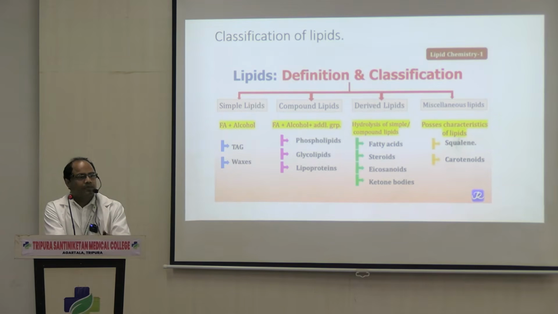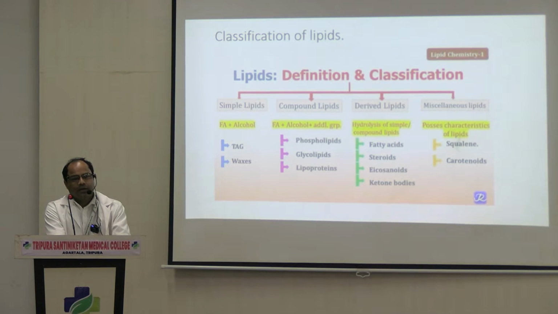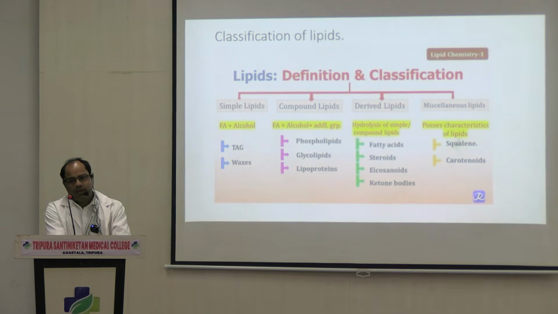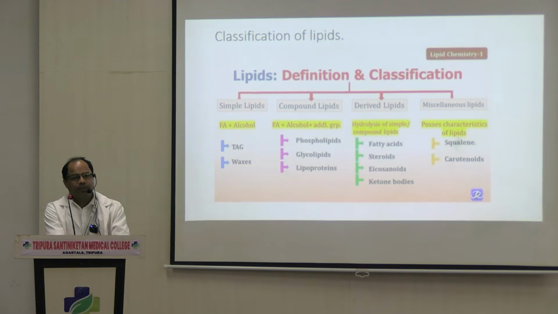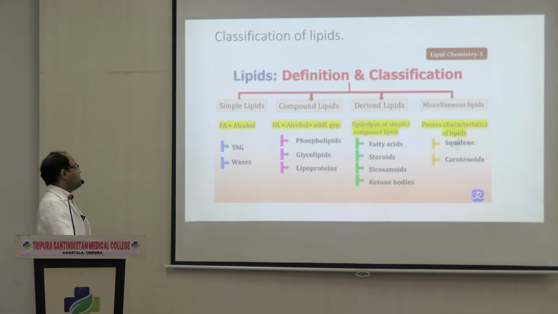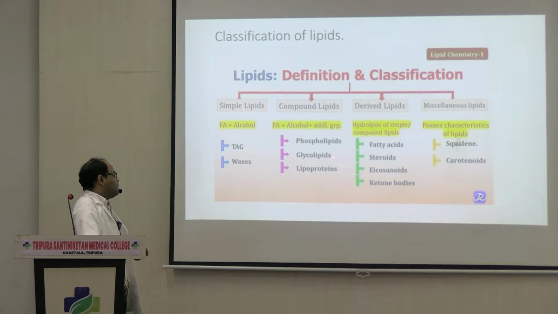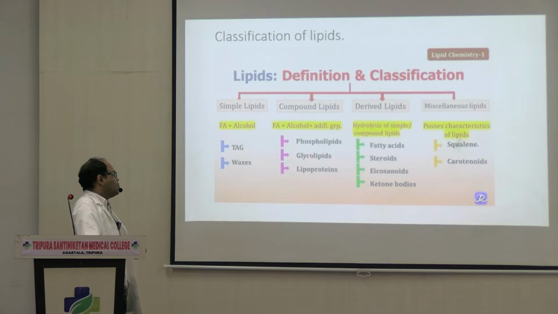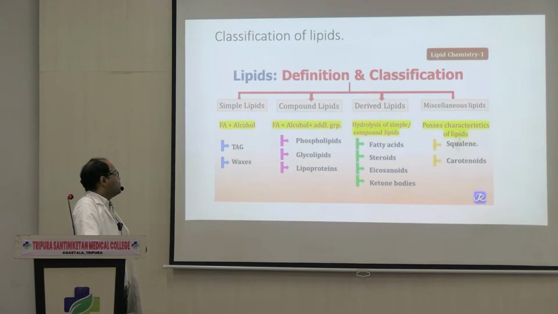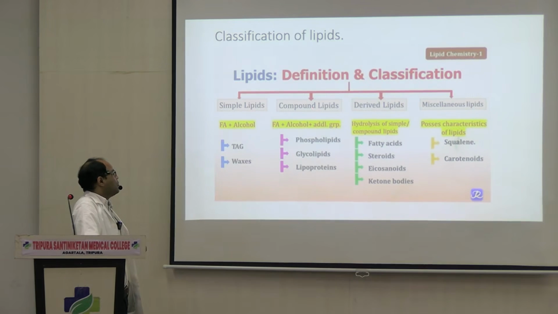Next, complex lipids or compound lipids. In addition to fatty acid and alcohol, there is one functional group, like phospholipids, glycolipids, lipoprotein. A protein or glucose or phosphate attached as a group forms a complex lipid or compound lipid.